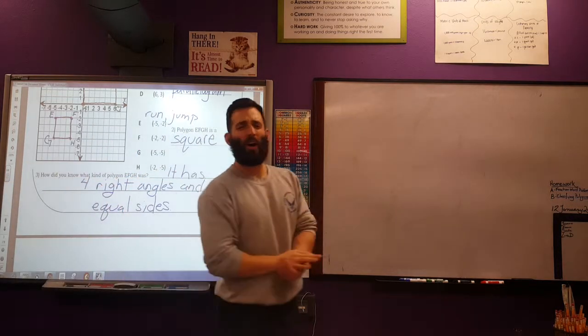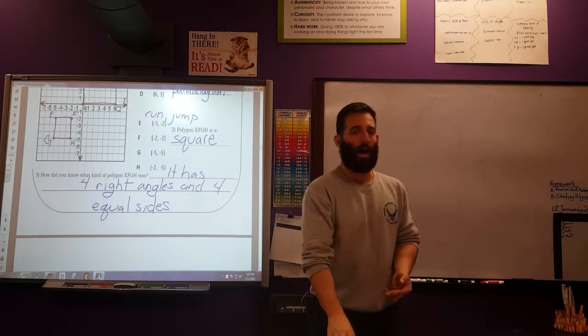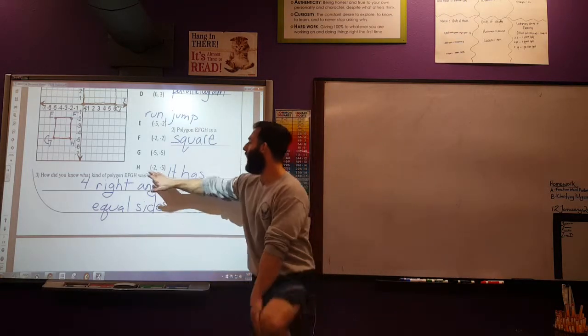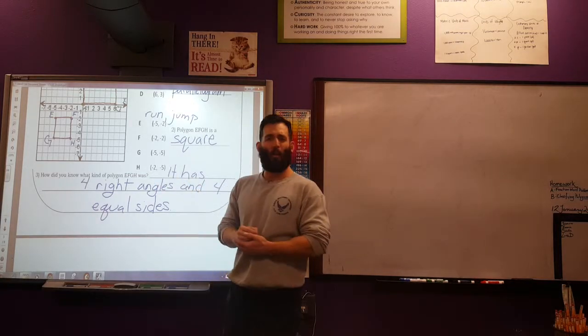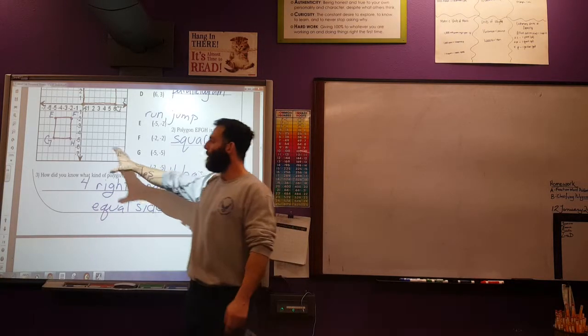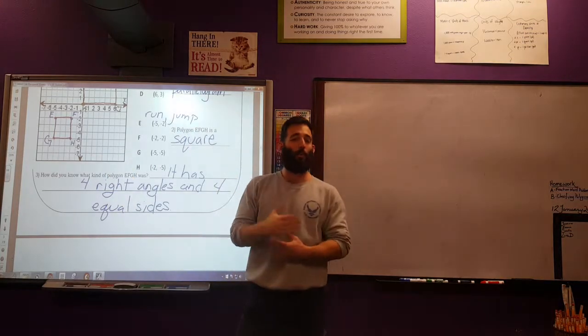And this is what you're going to be doing a lot of today in the packet. Now, sometimes this will give you a fill in the blank where you will have to come up with the coordinate that you think best fits the shape it's asking for.